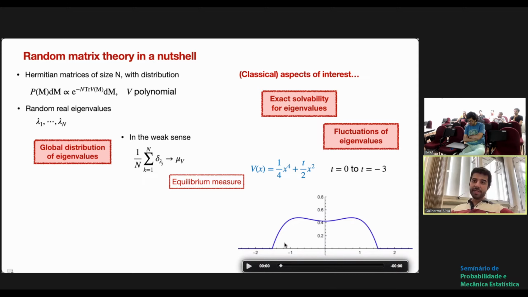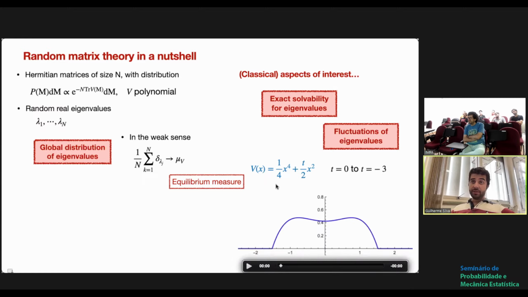If you read it off, it means that eigenvalues are, with very high probability when n grows, inside this interval here where the density is positive. And if you look at a certain small interval here, the average number of eigenvalues that you'll find in it corresponds to the height of this function in the interval, essentially.